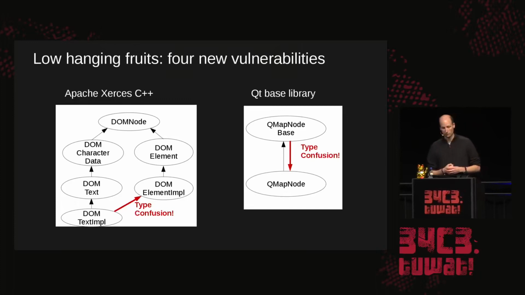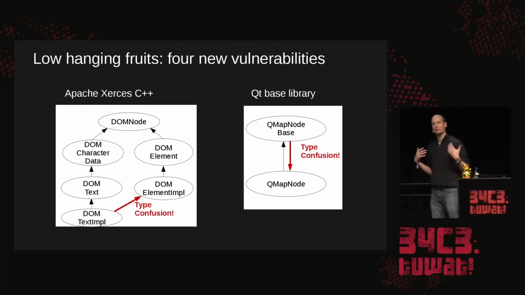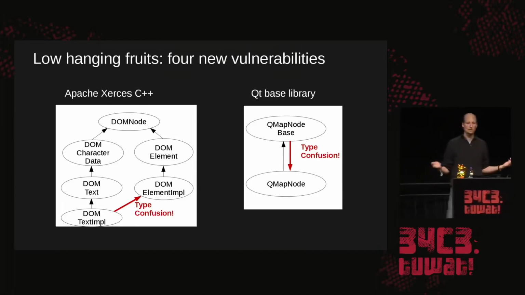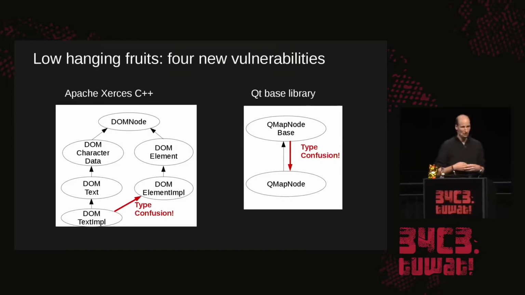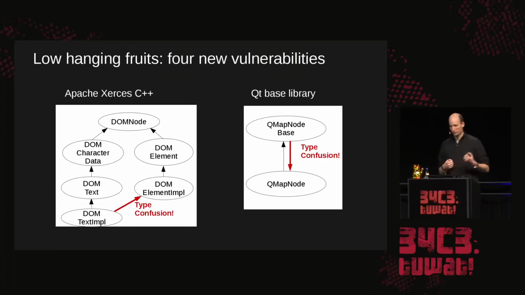And we've also found type confusion in the Qt base library, going from the node base to the map node itself. And those were easy, low-hanging fruits that we found by simply compiling software and running it in day-to-day use. So by simply compiling your C++ software with our type checker, you can already find vulnerabilities and bugs in the software by just running them in your day-to-day settings.